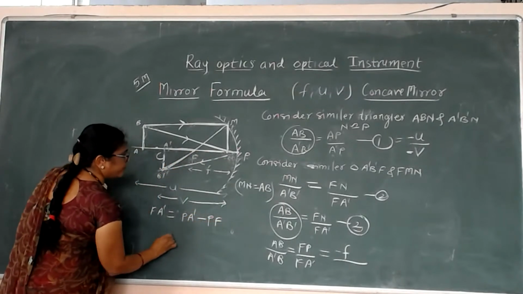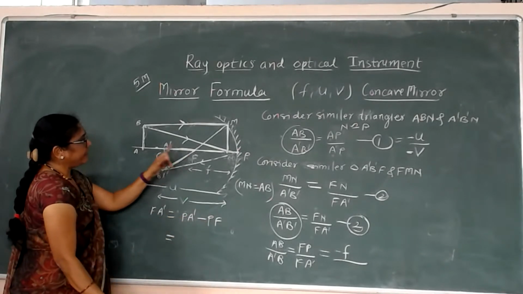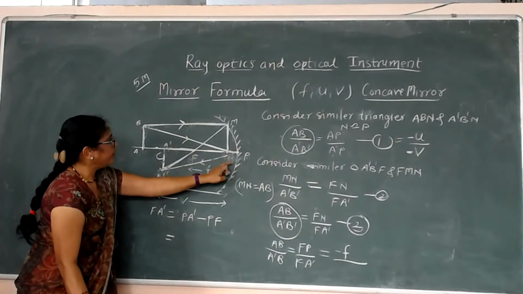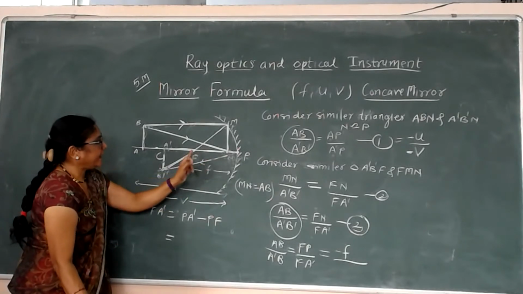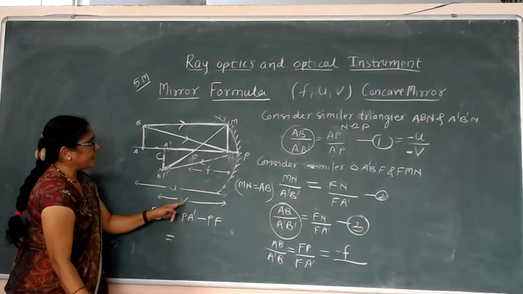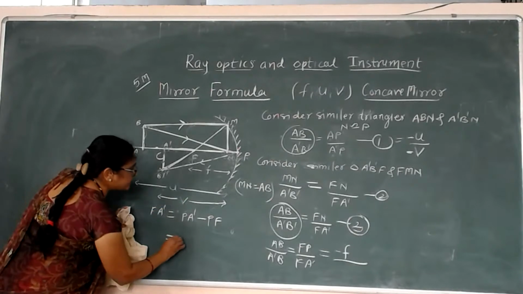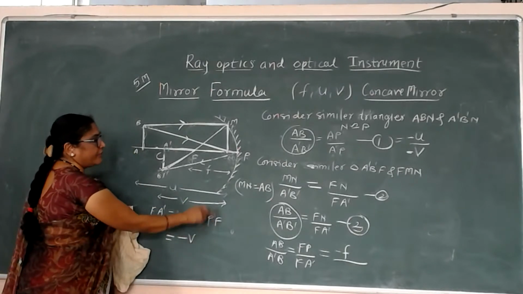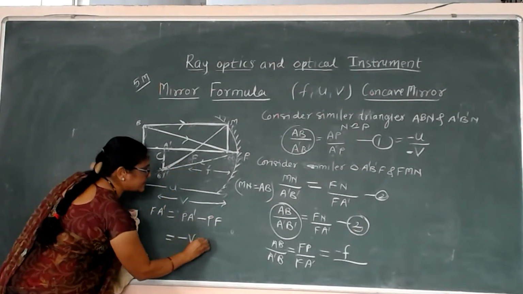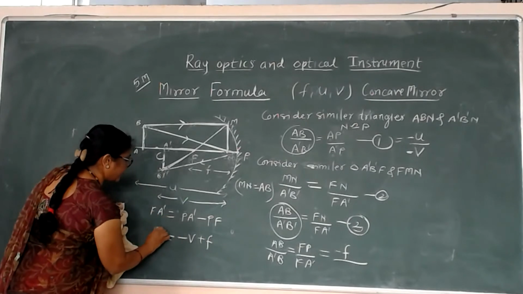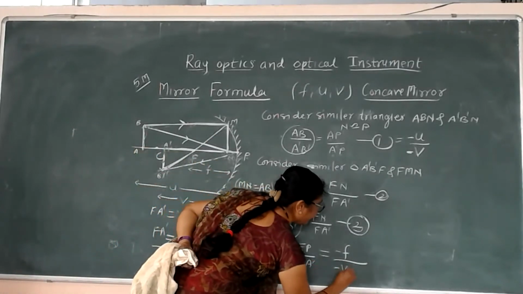Here PA dash is the image distance, and that image distance is equal to V. But this image distance is in the opposite direction, so this is minus V. And PF is equal to the focal length, and this focal length is equal to minus F. Therefore, minus minus F gives plus F. Therefore, FA dash is equal to minus V plus F.